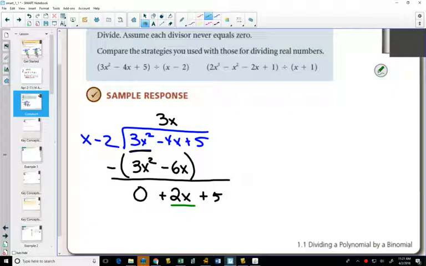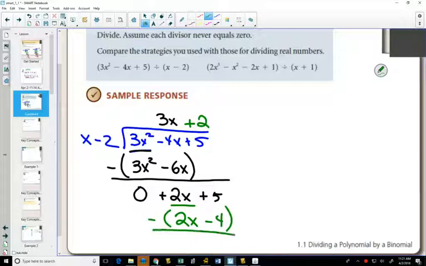Is there something that I could multiply x minus 2 by to get a 2x? I would have to multiply by a 2. And so 2 times x minus 2, sure enough, I get my 2x. And 2 times negative 2 is minus 4. And we subtract again. 2x minus 2x is 0. 5 minus a negative 4 is plus 9. That's your remainder.